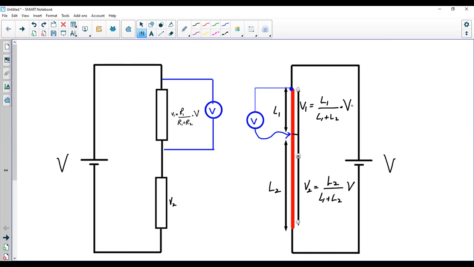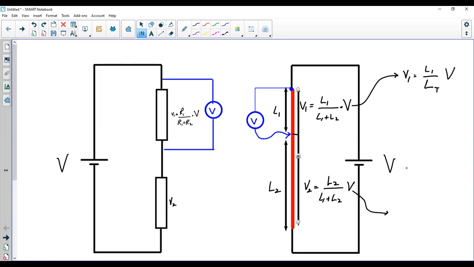So what we do sometimes, when we are practicing questions, we don't write L1 plus L2, we write V1 is equal to L1 over L, where L is the total length, into V. I just write LT to emphasize the total length.